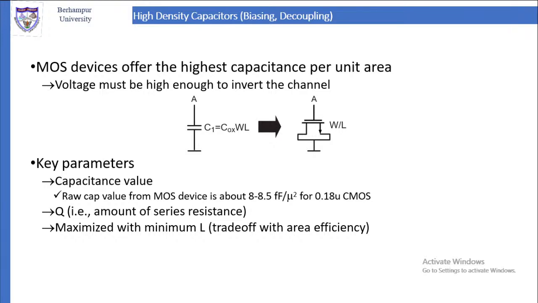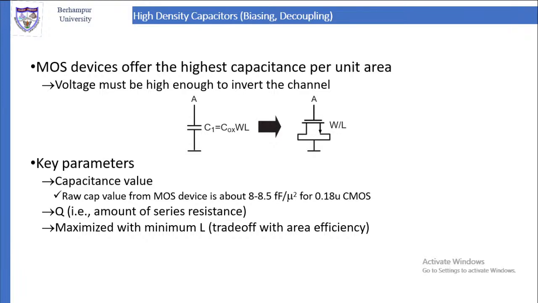We can always use active devices as passive devices. If you take a lumped device, the size is large. If you take a transistor, the size is small. So you can pack in more passive devices and use them as passive devices. That gives rise to high density capacitors.